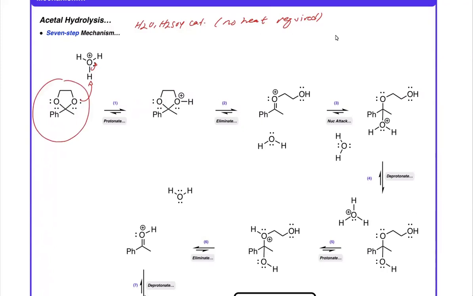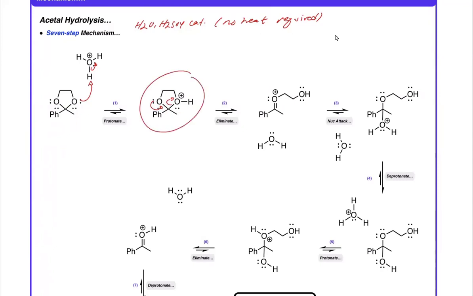You can start by protonating either of those two oxygen atoms, which makes that into a better leaving group. And then to break off that oxygen, we collapse a lone pair from the other OR portion, the one that's neutral. That will form a pi bond and break that carbon to oxygen bond.